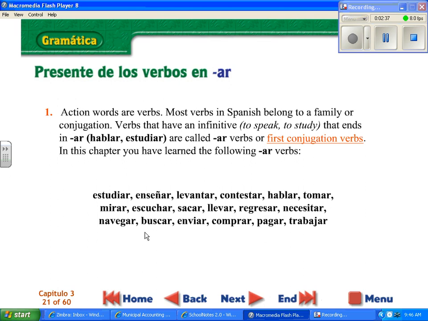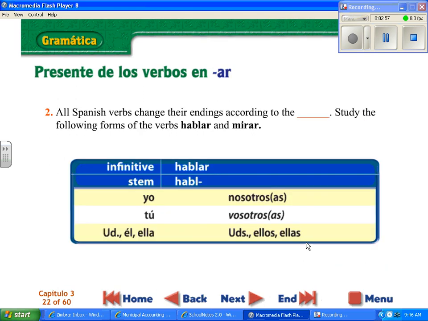All of these verbs are in the infinitive form. They all end in R. That's the infinitive form of R verbs, or first conjugation verbs. In order to express what people do in Spanish, we conjugate the verb.